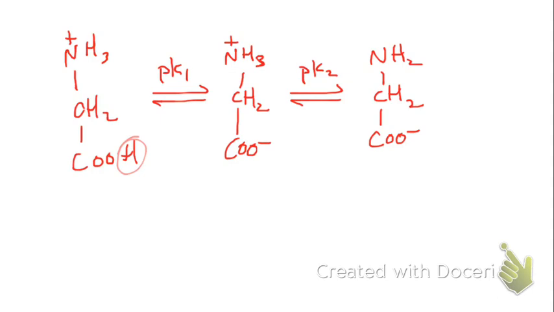And so what we have is a +1 total charge, a 0 total charge, and a -1 total charge. There's a point known as the isoelectric point. We can calculate isoelectric points for amino acids as well as for peptides. The isoelectric point is the point where there's no net charge.